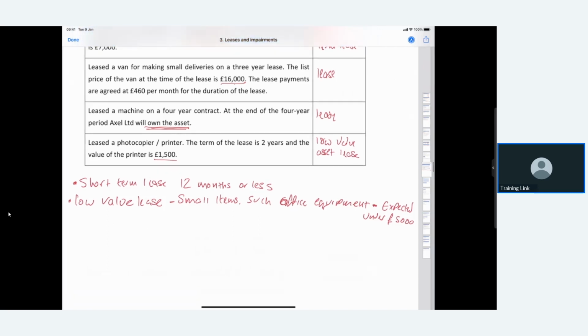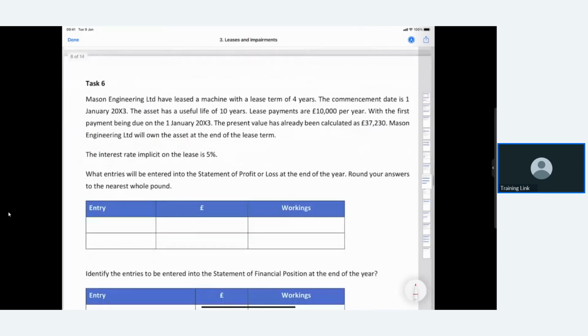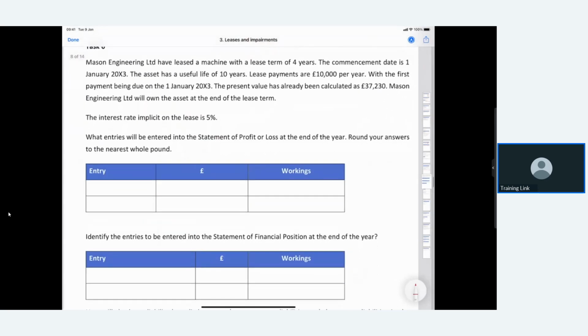Right, moving down to task 6. Right then, so it says here, Mason Engineering Limited have leased a machine with a lease term of 4 years. The commencement date is the 1st of January 2013. The asset has a useful life of 10 years and lease payments of £10,000 per year, with the first payment being due on the 1st of January.